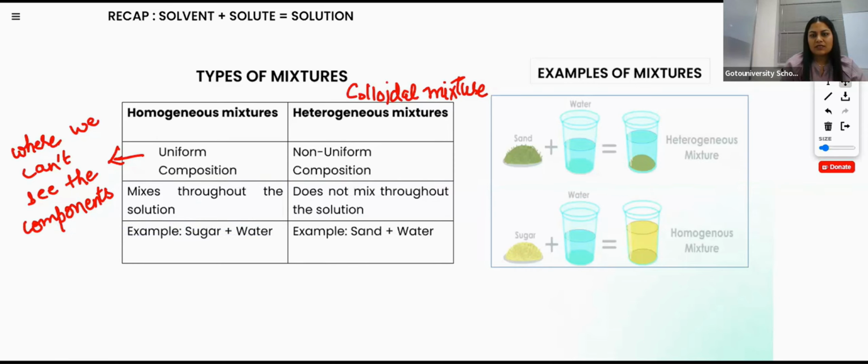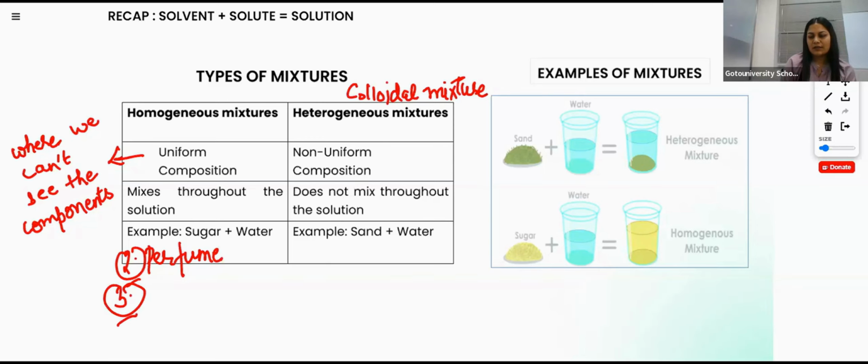Another example is perfume. You must have seen a bottle of perfume. By looking at just the perfume bottle, you cannot tell what constituent particles or components are present in it. So this is an example of a homogeneous mixture.